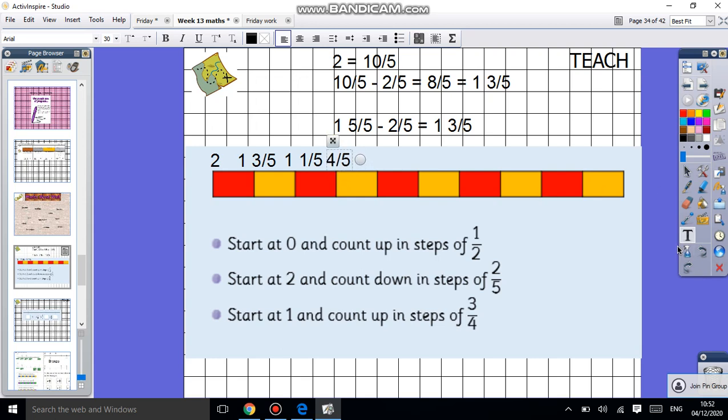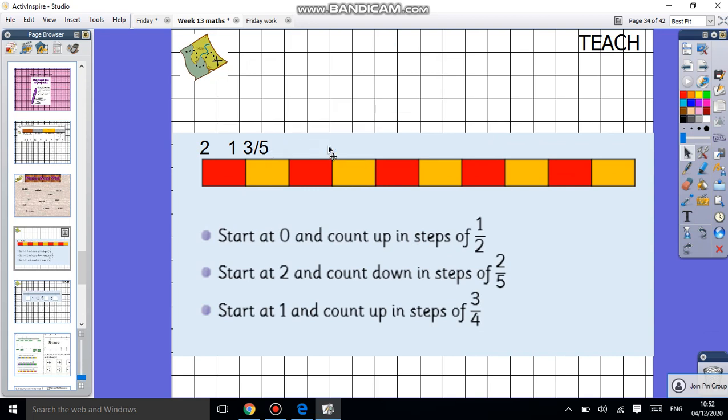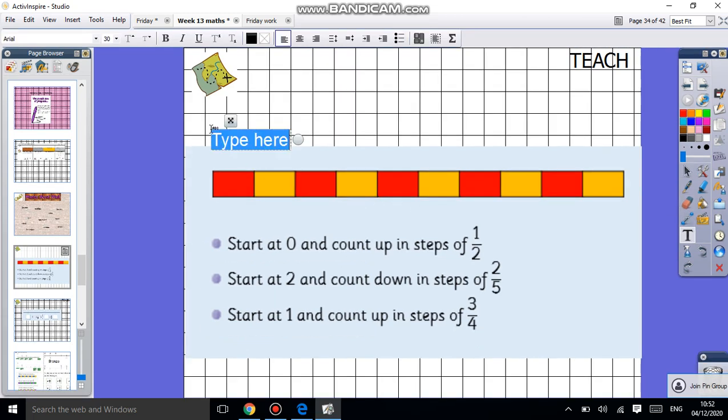The next step is we start at 1, and then we count up in steps of 3/4. So let me just clear my numbers off the board. And we're going to start at 1 and count up in 3/4. Well, 1 add 3/4 is nice and easy, it's 1 and 3/4.